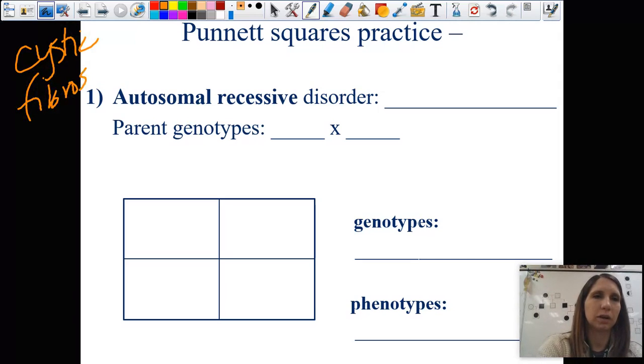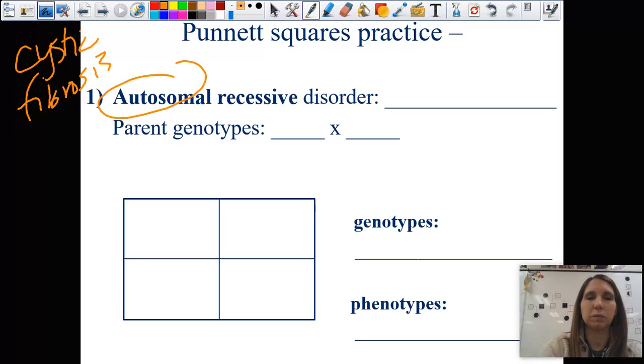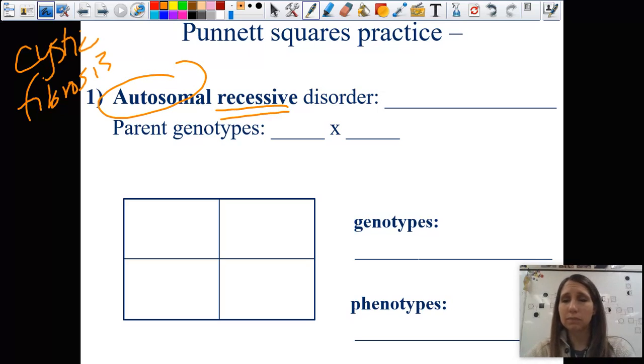All right, and so with cystic fibrosis, again, it's autosomal, so that means we can just use regular letters. We don't have to attach anything to an X. And it's also going to be recessive. Okay, and remember, with any recessive trait like this, we're going to write our letters as a little letter and make that count as a disorder in this case.